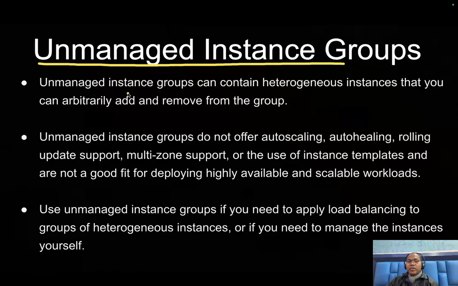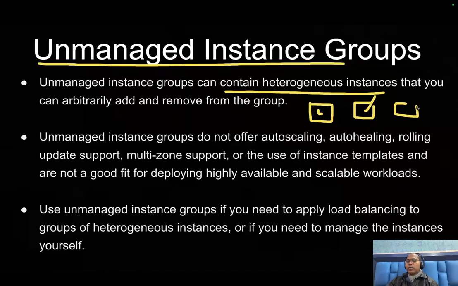Unmanaged instance groups contain heterogeneous instances. That means one virtual machine might be Linux based, one Linux based with a high CPU, one with a different configuration. Each virtual machine has a different configuration. But in the case of a managed instance group, every virtual machine has the same configuration.